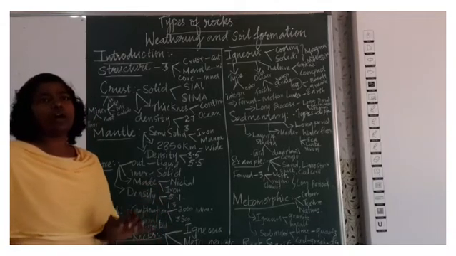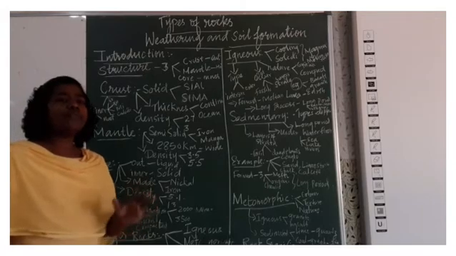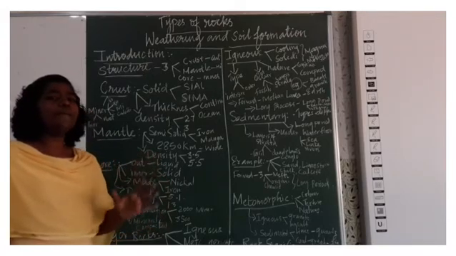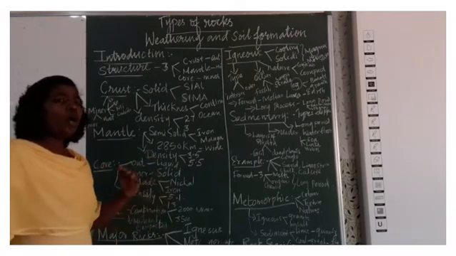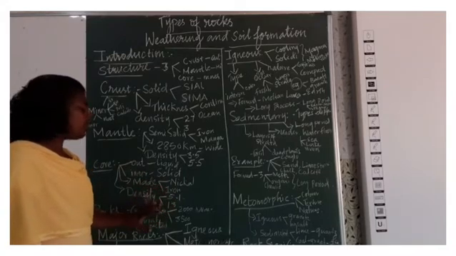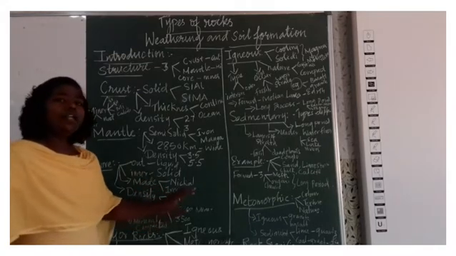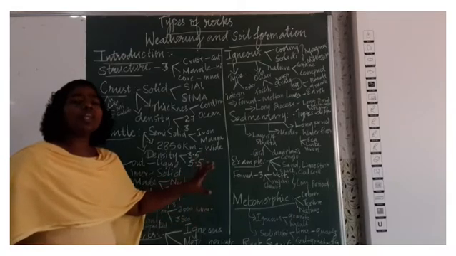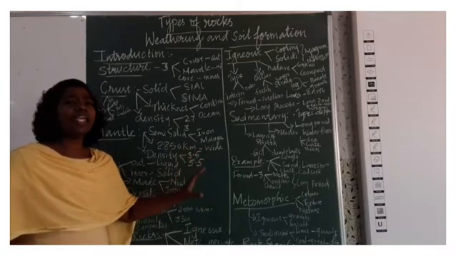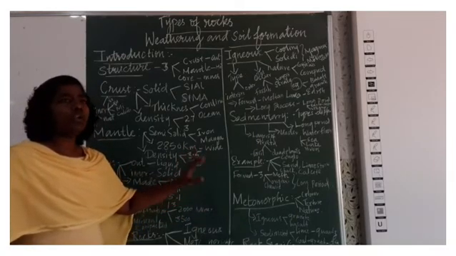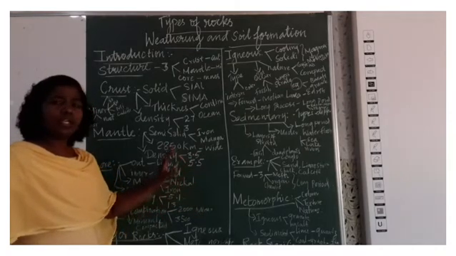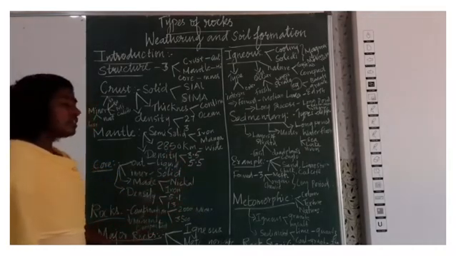Most of the minerals we can find in the rocks, and more than 3,500 minerals are found on the surface of the earth.